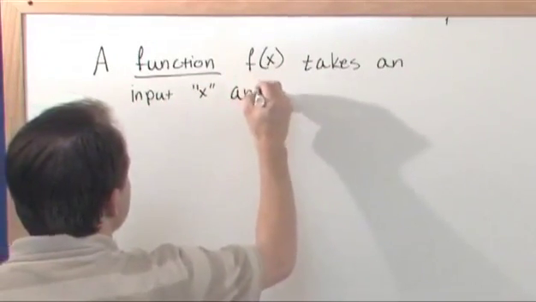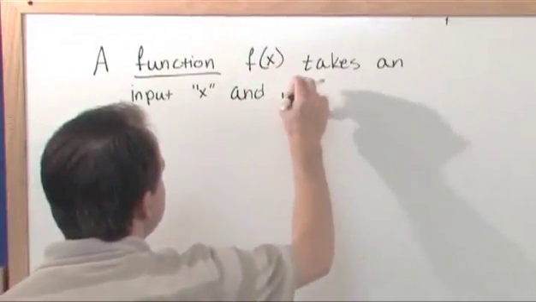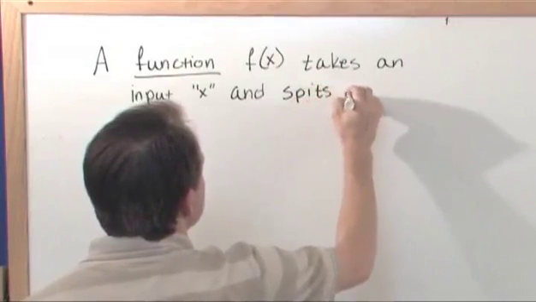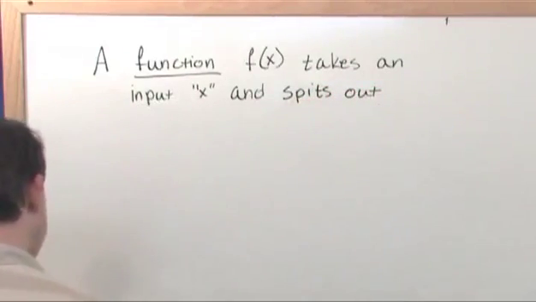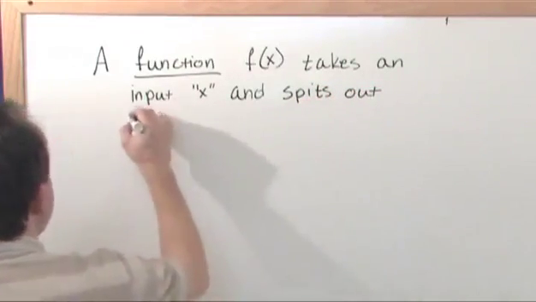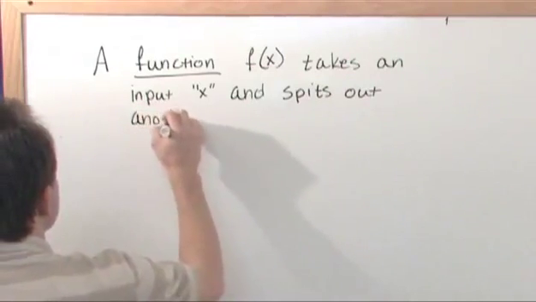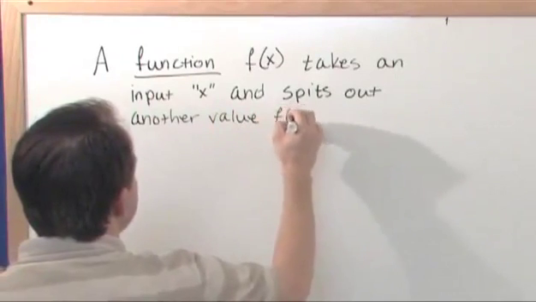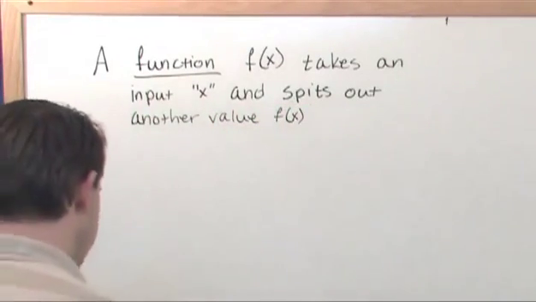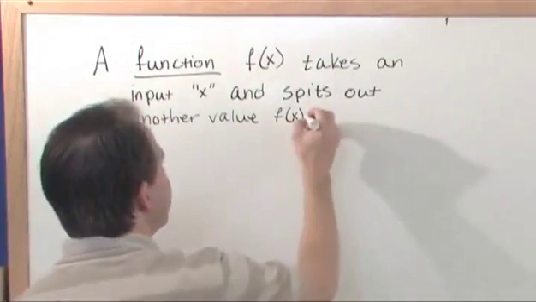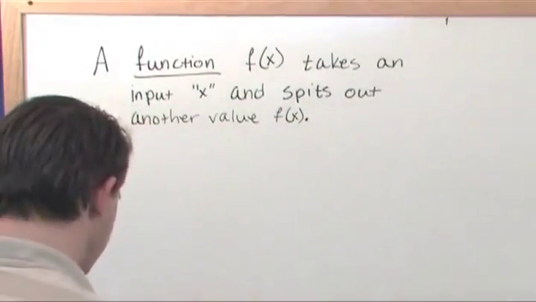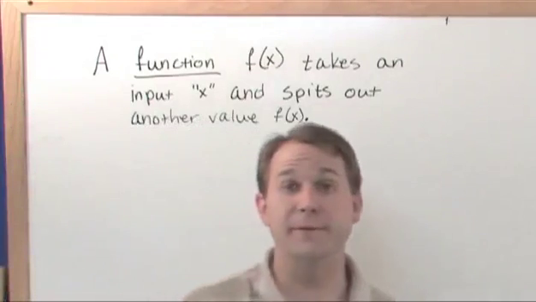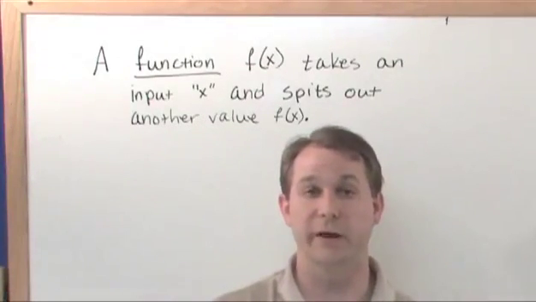And this is my terminology here, it spits out another value, and we call that other value f of x. Okay, so this is exactly what it is. It's a function. I don't know why exactly they call it a function. I guess you could probably say that it performs some function on some values of x.